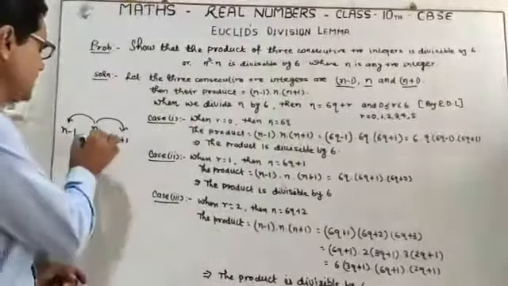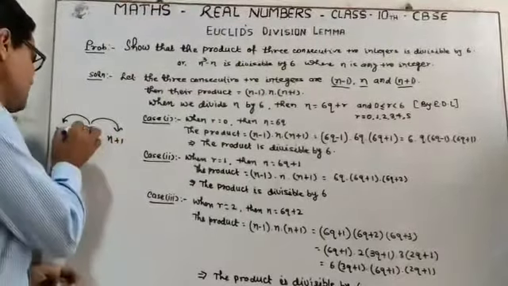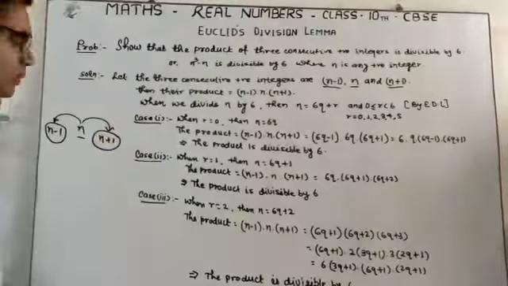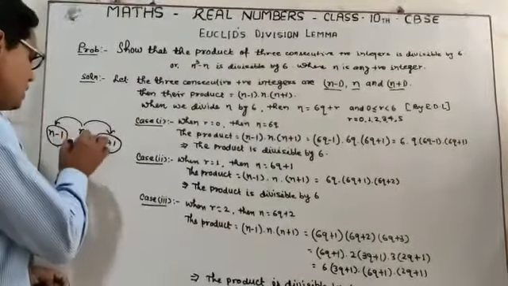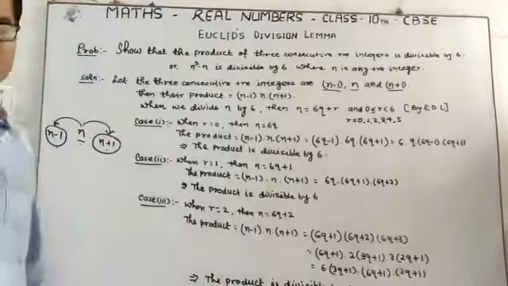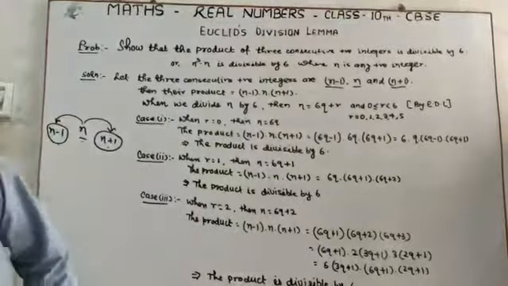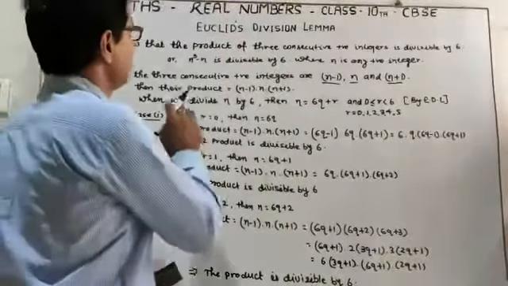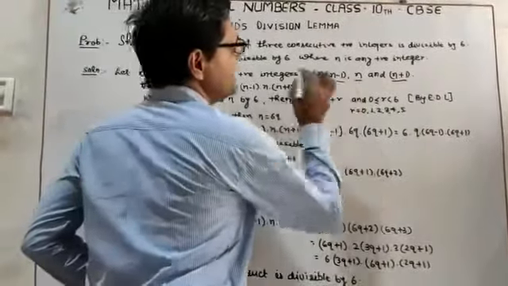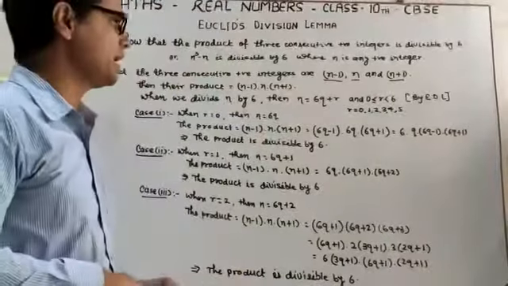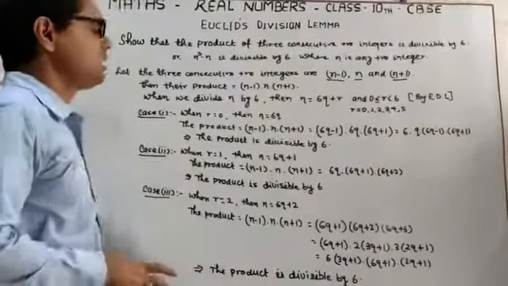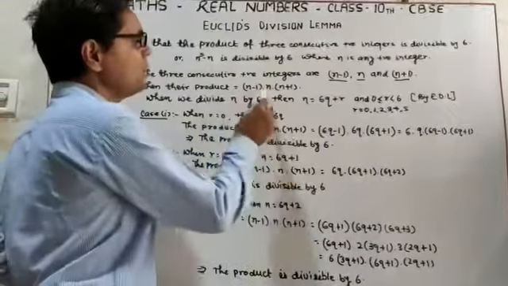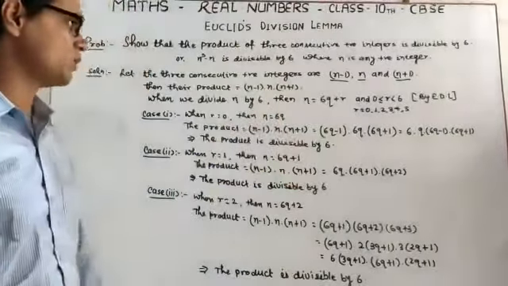Suppose n is an integer, then its predecessor will be n minus 1 and its successor will be n plus 1. Then n minus 1, n and n plus 1 will be three consecutive integers. Then their product will be n minus 1 multiplied by n multiplied by n plus 1.